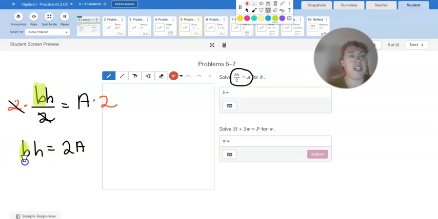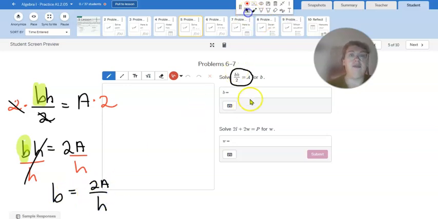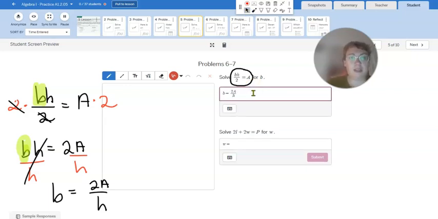And then we're still trying to get b alone, so now we're going to get rid of that h, which is being multiplied. So we're going to divide to move it to the other side. We get b equals 2a over h. Like so.